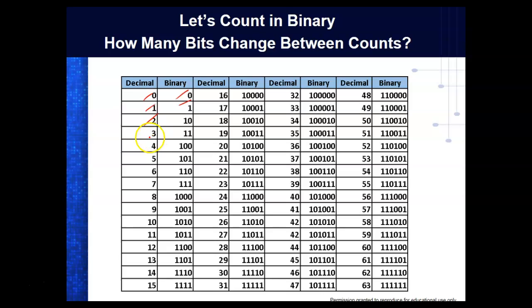Well, when I went to a binary 3, I only had 1 digit that had to change. When I went from a 3 to a binary 4, this had to change, this had to change, this had to change. I went from a 4 to a 5, this one changed and this one changed. So here we had 1, here we had 2, here we had 3, here we had 2, here we have 1. So what happens in these types of programs, we have what we call propagation delay, and this is how long it takes to propagate through the whole number.